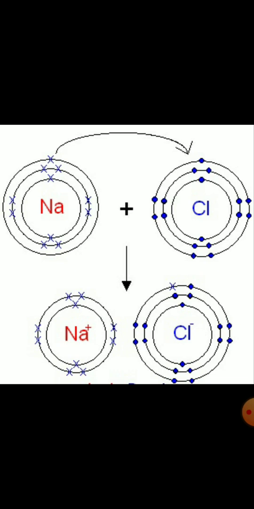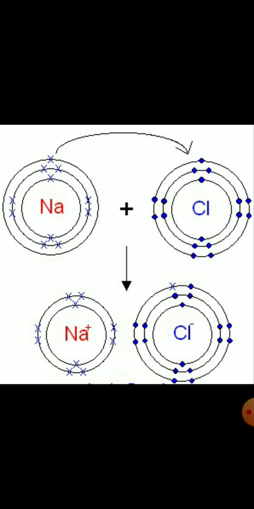As they have opposite charges, they attract each other. We know that opposites attract. So here also, being oppositely charged, sodium and chlorine ions attract each other.